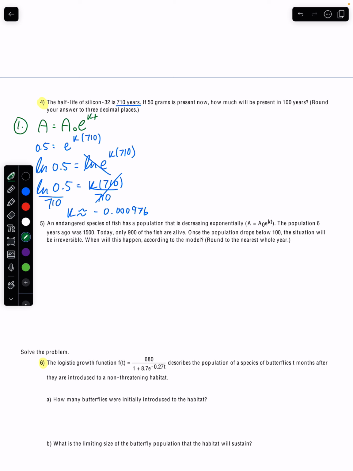Bringing us to the second part. We're going to use the same equation, but with new information. We can plug in our k that we found. And now we can evaluate how much will be present after 100 years.